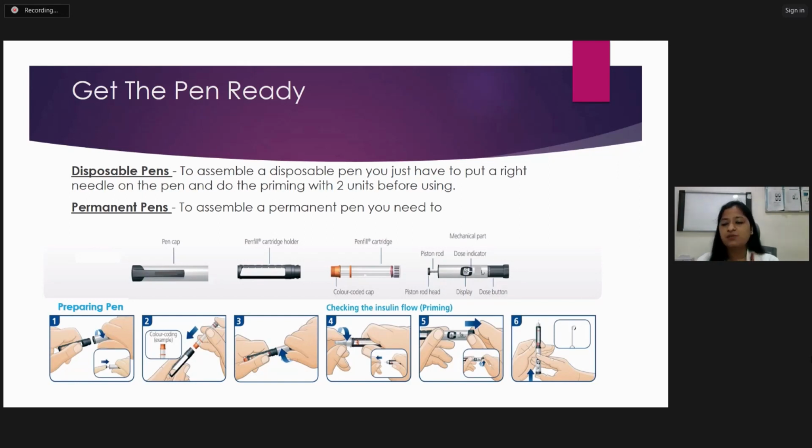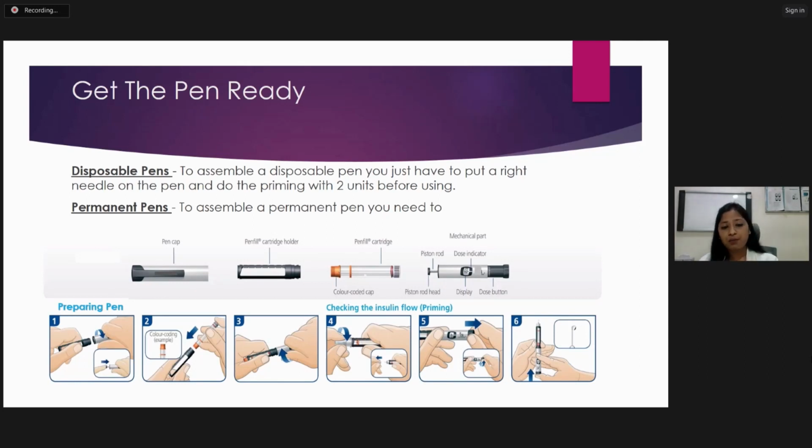That is the only disposable pen or insulin that has 450 units in it. All other disposable pens or cartridges have 300 units. The patient just has to put on the right needle according to the BMI, do the priming with 2 units, and they can start using the pen.